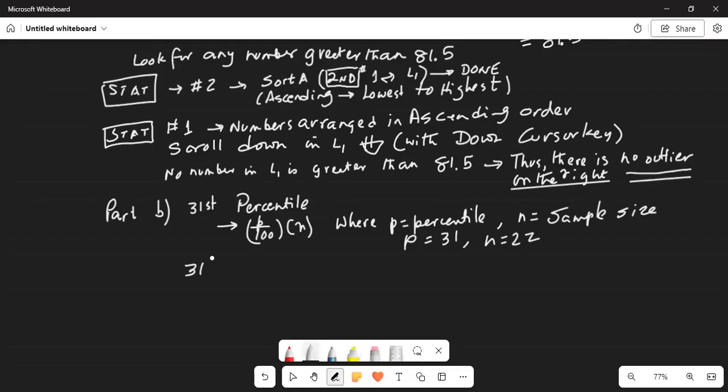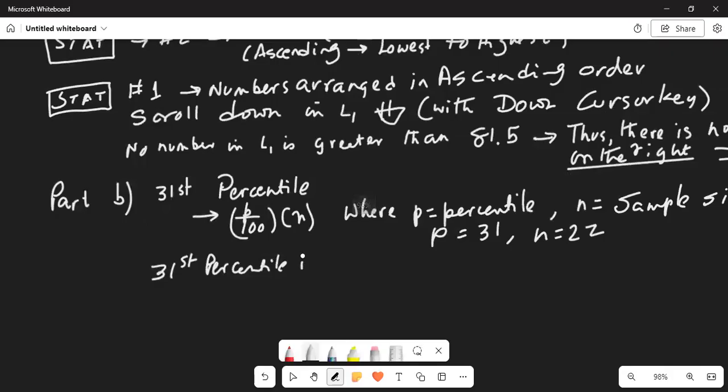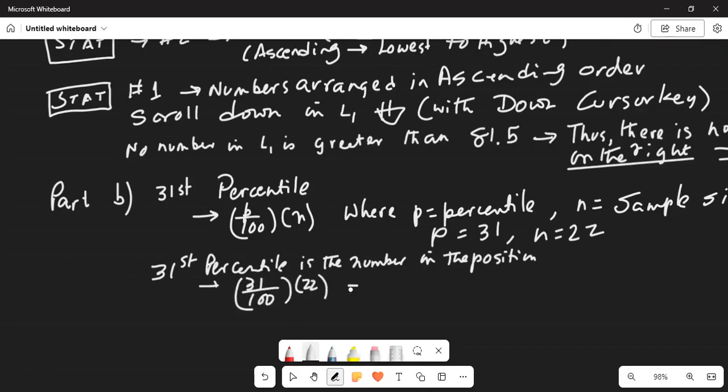So if I plug into this position formula, the 31st percentile is the number in the position 31 by 100 multiplied by 22. So it's 31 times 22 divided by 100 in your calculator.